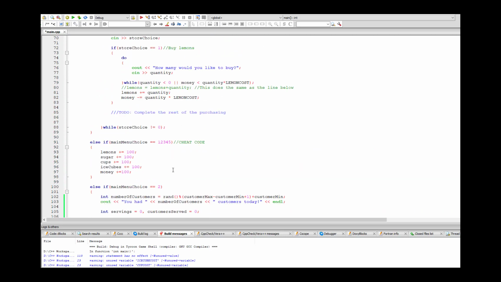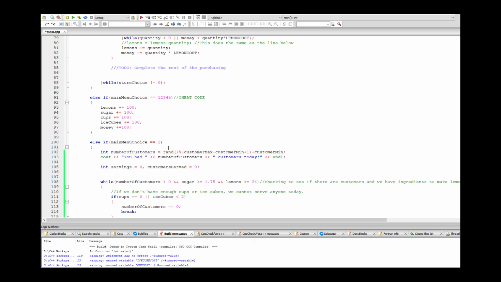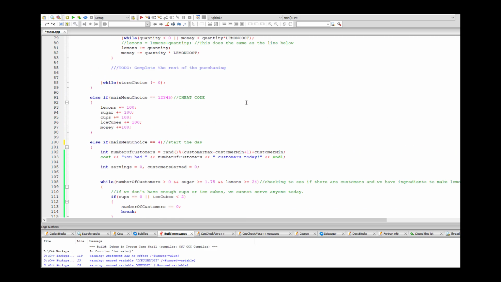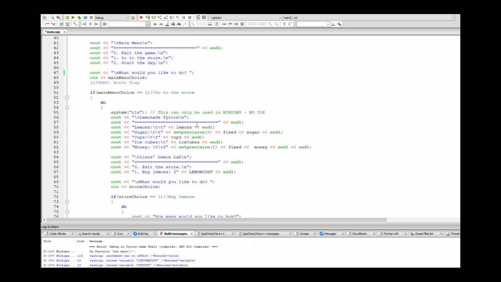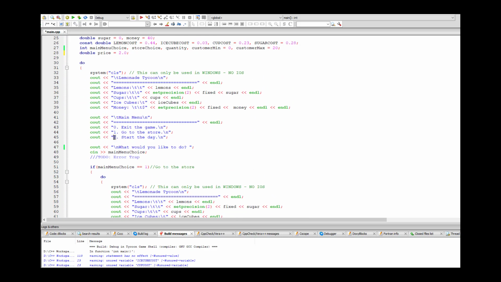Okay, let's make it so we can have the player adjust the price. Okay, now first of all, I want to do a few things. So I'm going to change the main menu choice for the start the day to be 4. All right, I'm going to add a 2 and a 3 in between there. Okay, so here this will become option 4, start the day.